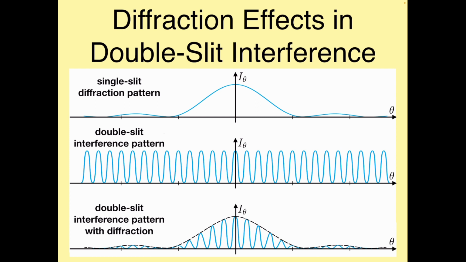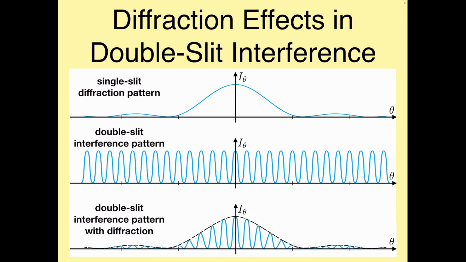But when we combine these two effects, which is what we have to do to get it actually right, to have a double-slit interference pattern while accounting for diffraction, the way you can think of this is we have this curve enveloped by this curve.